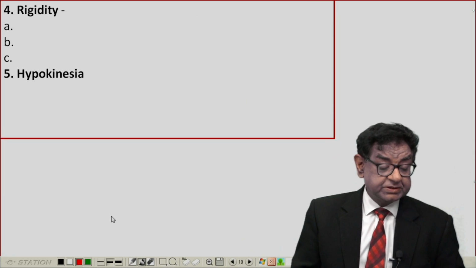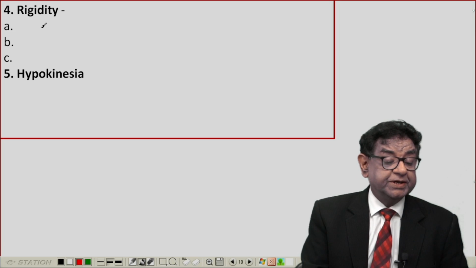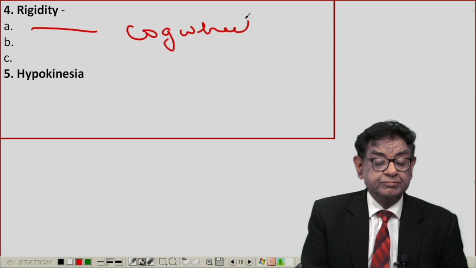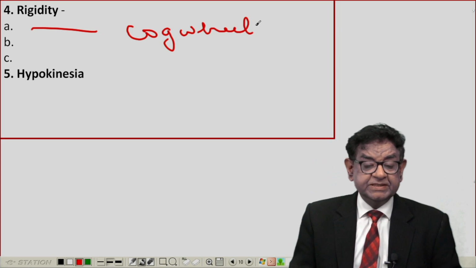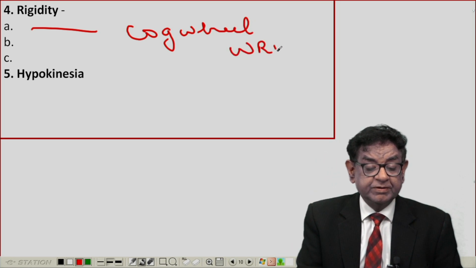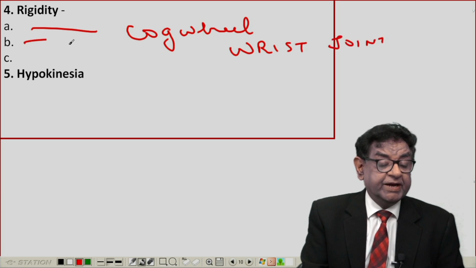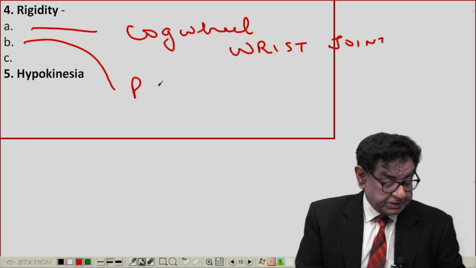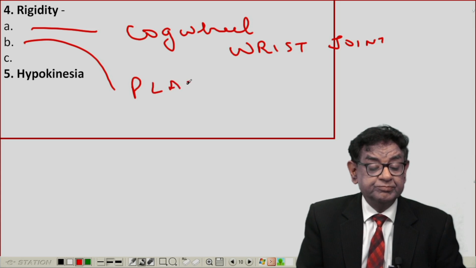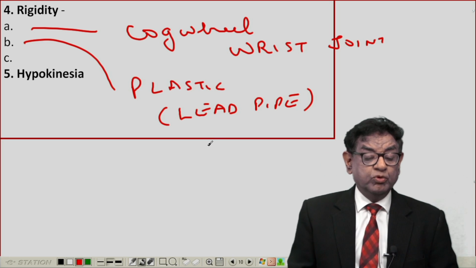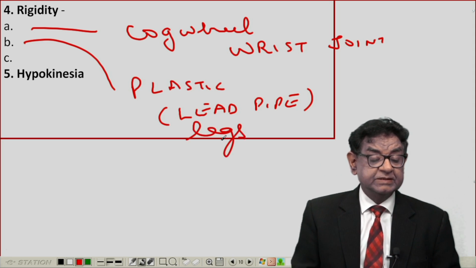Rigidity is usually cogwheel rigidity, and it is best elicited in the wrist joint. Some patients have plastic, or so-called lead pipe rigidity, and it is usually seen more in the legs.